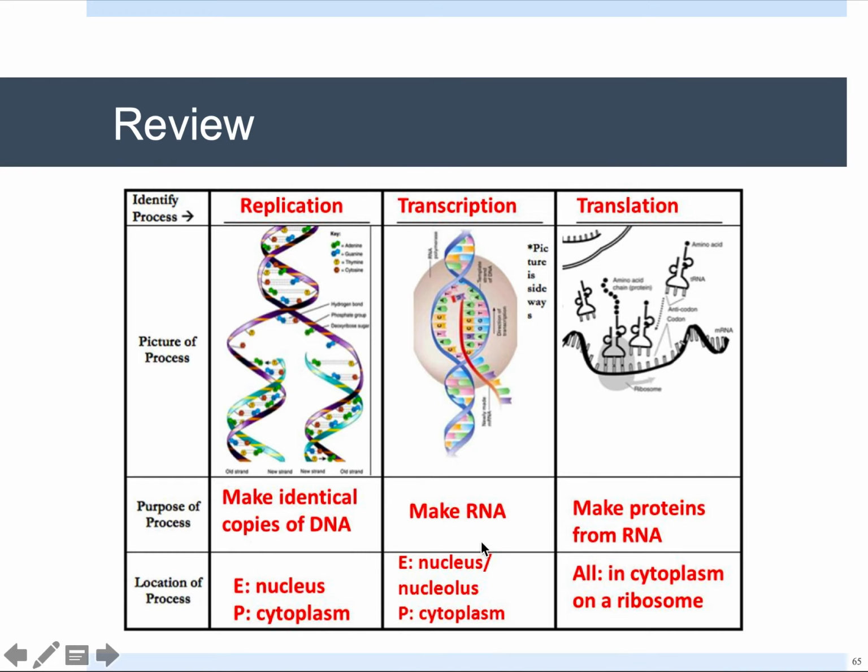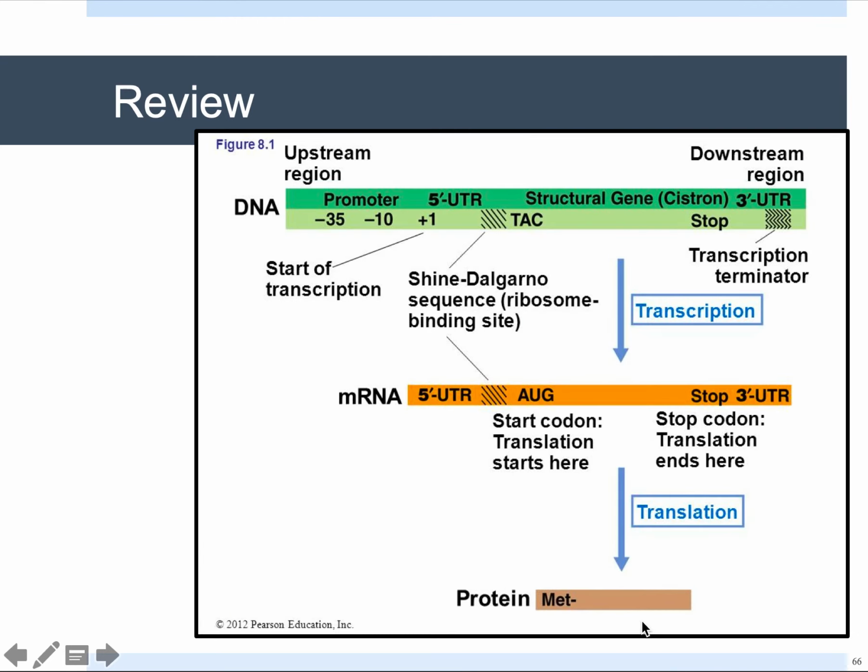For transcription in eukaryotes, it's going to take place in the nucleus or the nucleolus. The nucleolus is a very dense area within the nucleus where synthesis of RNA and ribosome synthesis take place. Then the process of translation, which is the making of proteins from RNA, would take place in the cytoplasm for both prokaryotes and eukaryotes.